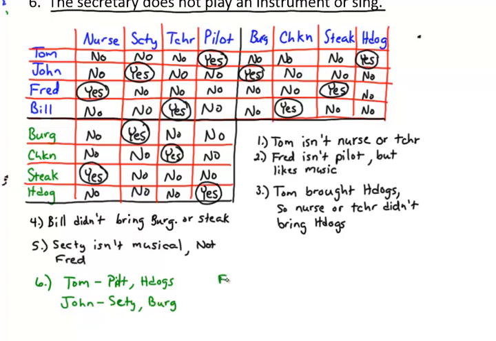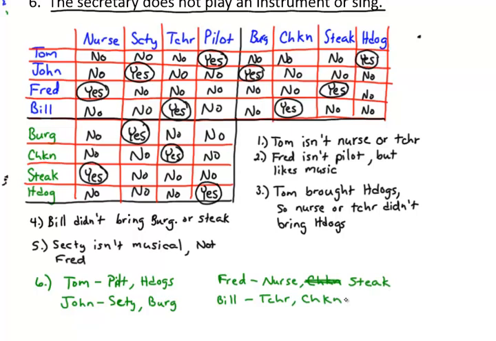And then we have Fred. He's the nurse. And he brought chicken. And we have Bill. He's the teacher. And he brought, I think I got Fred wrong. Fred brought steak. Sorry. Because the teacher brought chicken. There we go. And that's the answer.